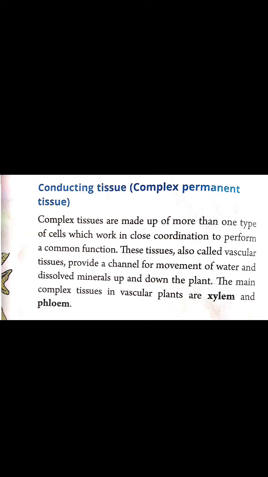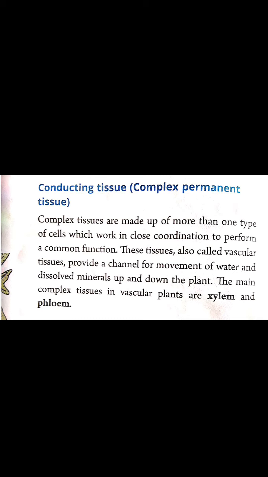Xylem and phloem are two conducting tissues responsible for two functions mainly. First, the xylem is responsible for sucking water and minerals from the soil and getting them to reach the leaves.